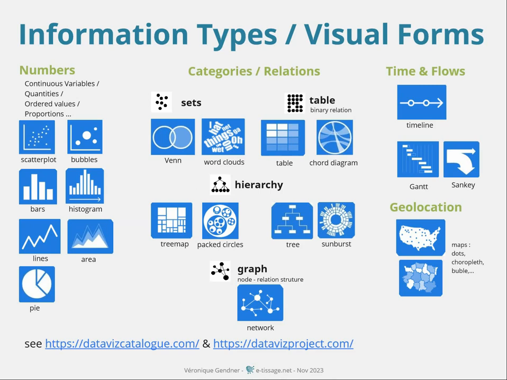Besides mere sets or lists, there are 3 main formal structures: tables, hierarchies, and graphs, with several possible types of visualizations for each. When the data has a temporal dimension or involves flows, you will probably use specific types of visualizations, like timelines or Sankey charts. The same for geolocalized data with maps.